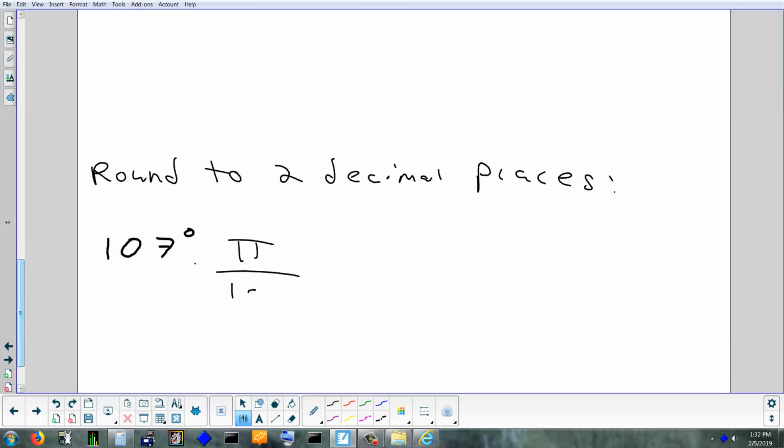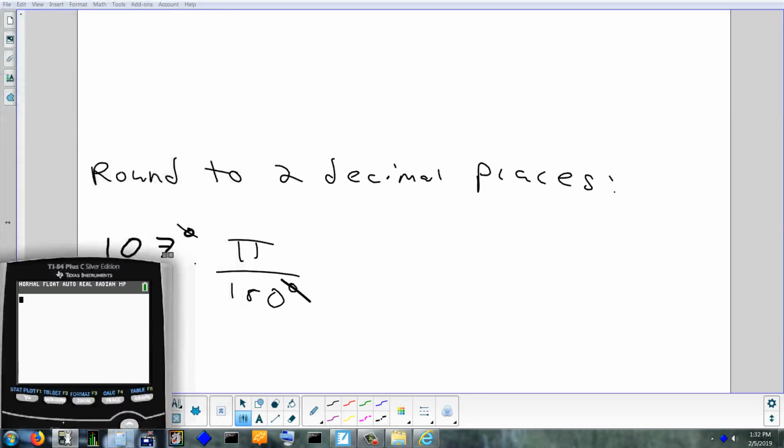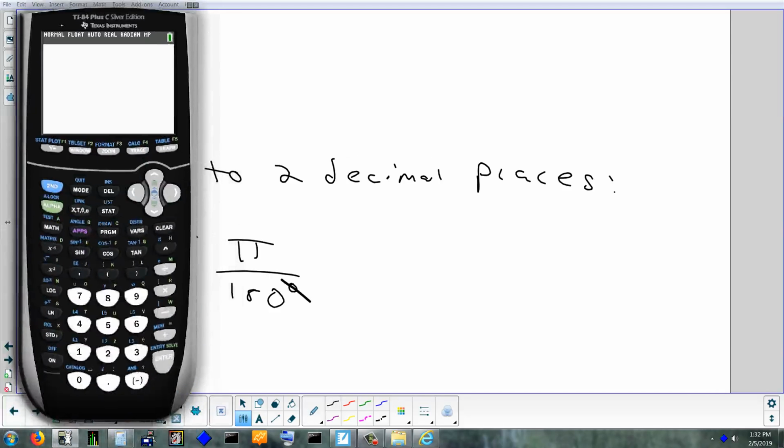So I still want degrees in the bottom to cancel degrees in the top. And now we type it in. When you type it in, use the pi button. If you use 3.14, that's rounded off, so we'll stick with pi. 107 times pi, divide by 180.